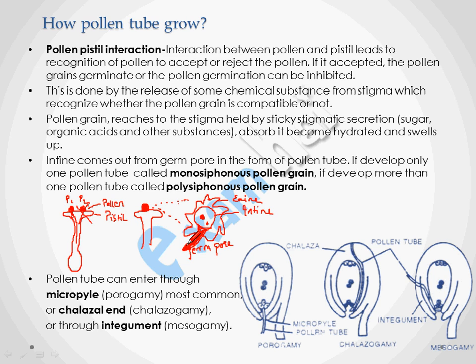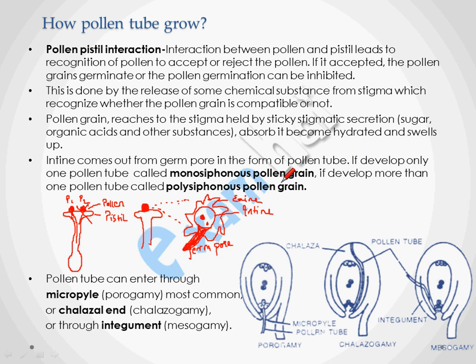The germ pore is the only area which does not contain sporopollenin, the protein by which the outer exine is made. The exine is the tough wall which protects the pollen from adverse conditions.